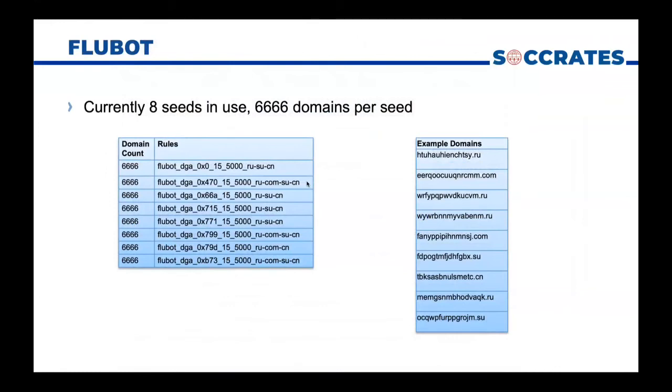The same algorithm is used for FluBot, but with different seeds for different groups that operate the malware. Here we see example domains registered in the .ru, .su, .cn and .com TLDs. As you see, the generated domain names don't look much different from what has been used in the past by other DGA algorithms.